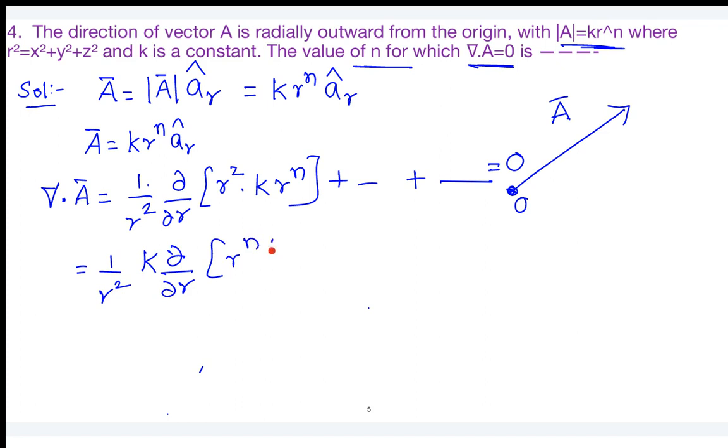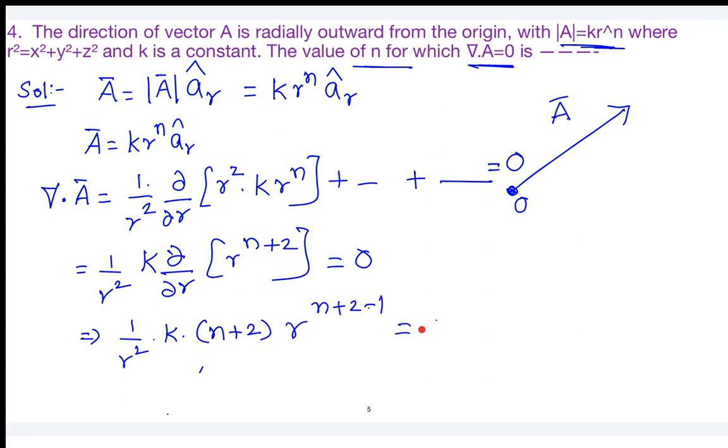So what value are you getting? 1 by r square into k, and the differentiation of r power n plus 2 will be n plus 2 into r power n plus 2 minus 1. This has to be equal to 0. Forget about the rest, as those will not become 0, right?